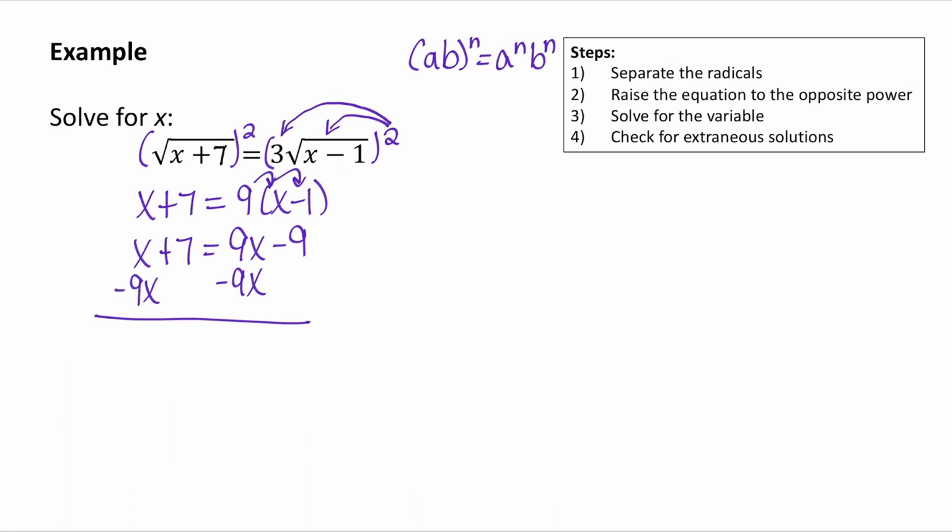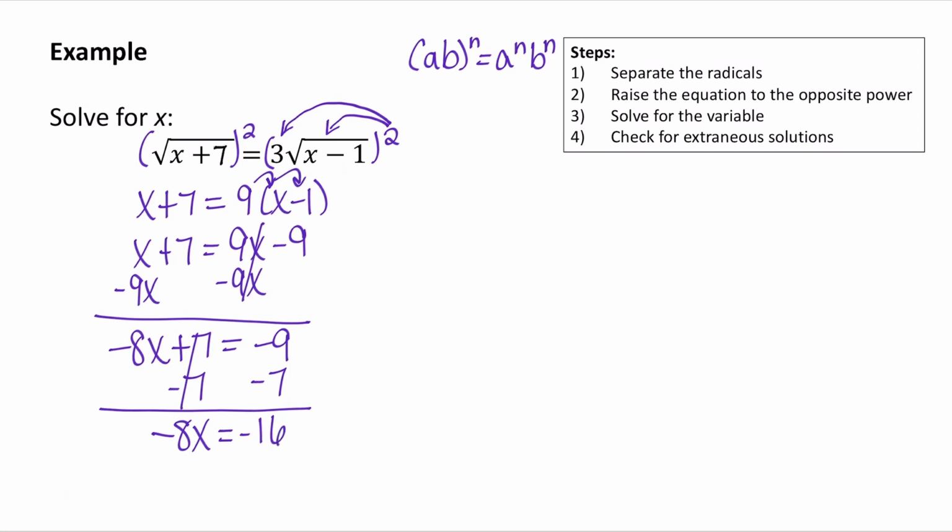So that gives me negative 8x plus 7 equals negative 9. Now I'm going to subtract 7 from both sides. So that gives me negative 8x equals negative 16. I'm going to divide both sides by negative 8, which gives me x equals 2.